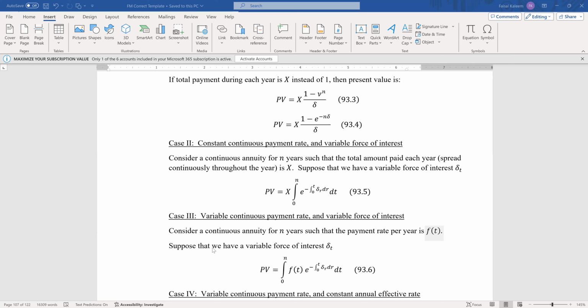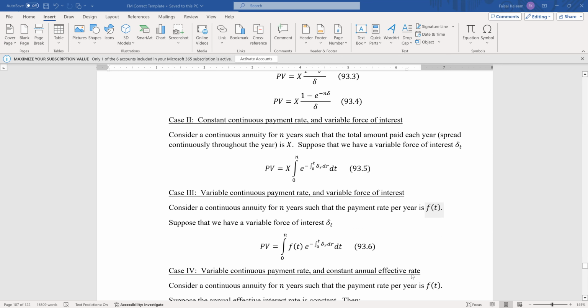If the variable force of interest is delta t, the present value in this case is the integral from 0 to n of f of t times e to the power minus integral from 0 to t of delta r dr, dt. So you see case 2 is a special case of case 3. If the payment rate is just constant, x per year, then you just replace f of t by x and you get case 2.